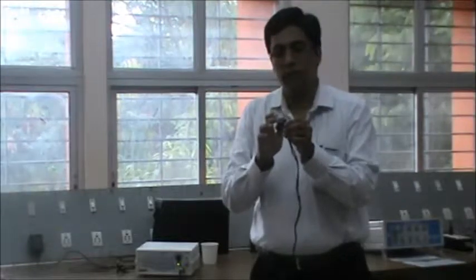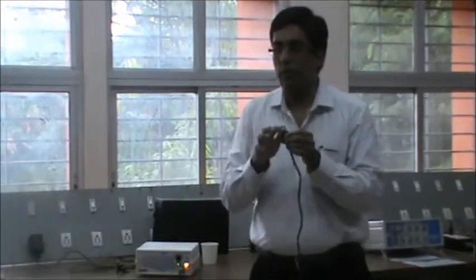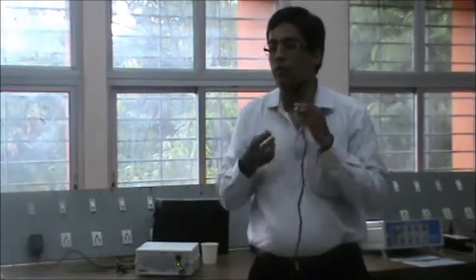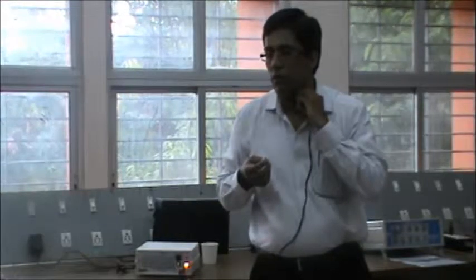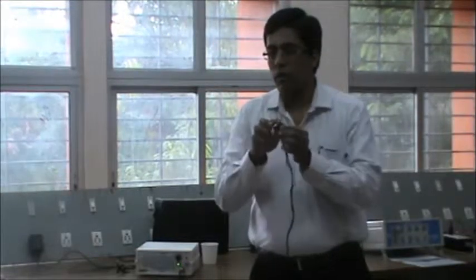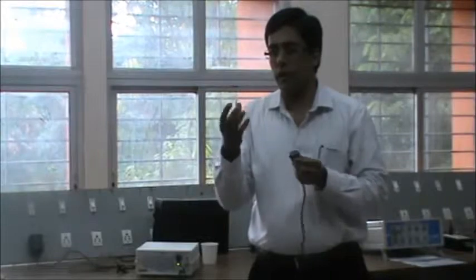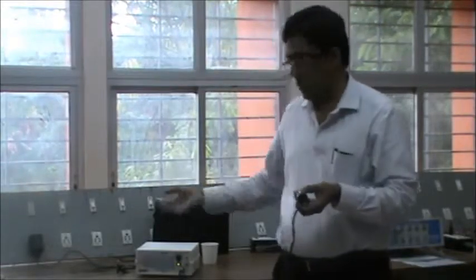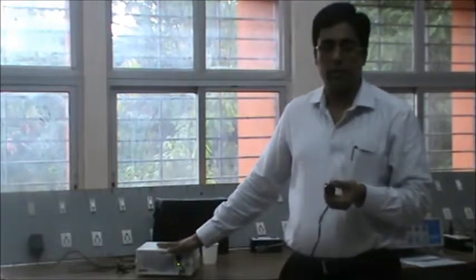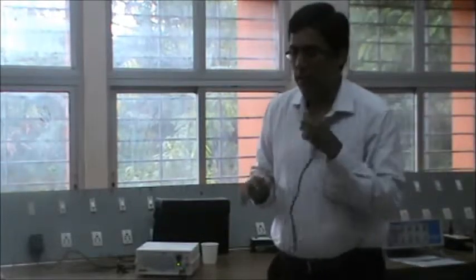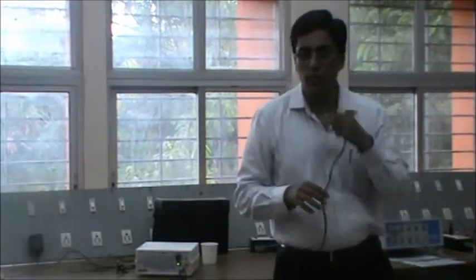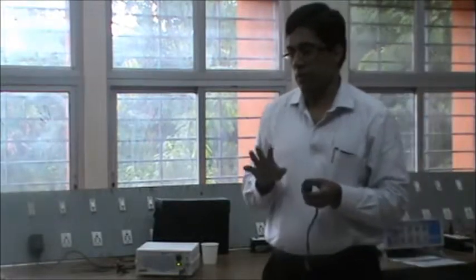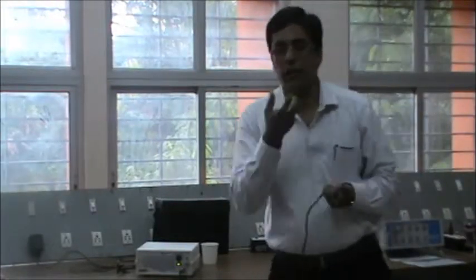But I can make it pick up what I am speaking by placing it over the vocal cords. Because my vocal cords are vibrating, the same frequency is being picked up. So it is picking up the movement here, not the sound, whereas a microphone picks up the sound information.